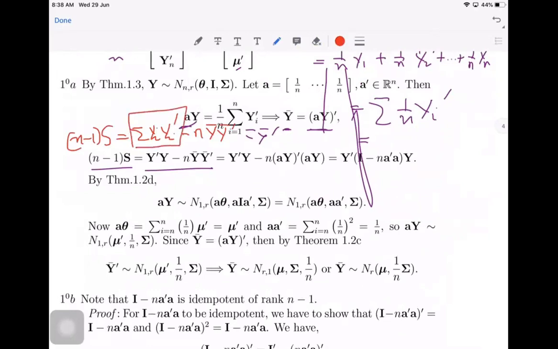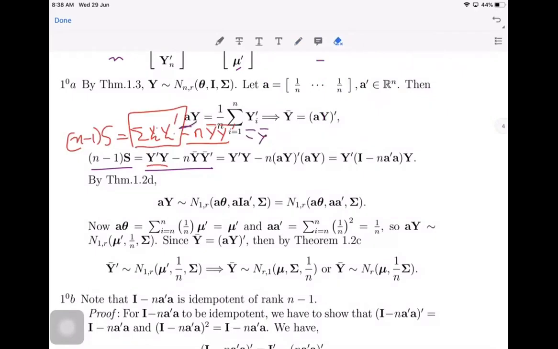But the summation of y_i prime can be written as y bar y and then minus this one, so that you can rewrite it in this manner and then factor out y prime on this side and factor out y on the other side. What is left is your identity matrix minus n, and then a prime here and a. Okay.